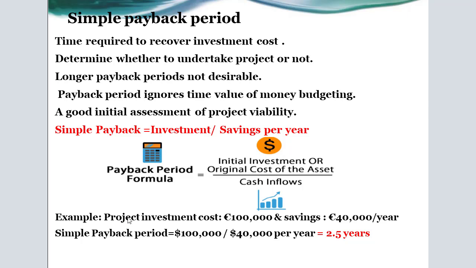We have a simple example: project investment cost 100 and the saving 40 per year. So the simple payback period to recoup our investment equals 100 divided by 40, so the period will be equal to 2.5 years. Okay, very simple.